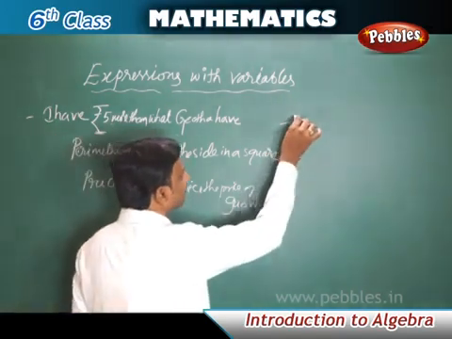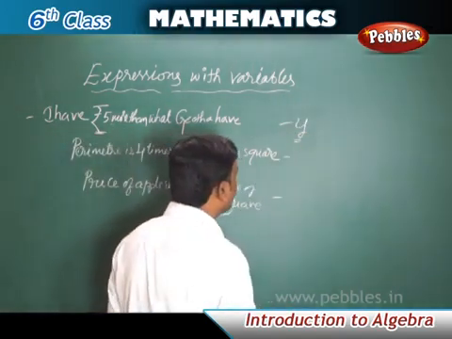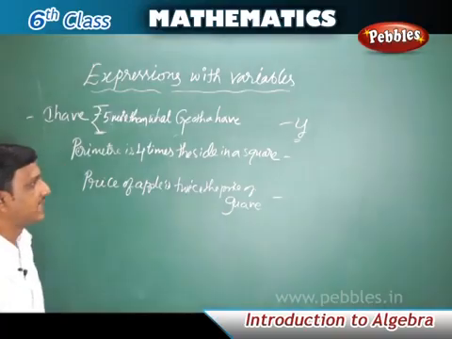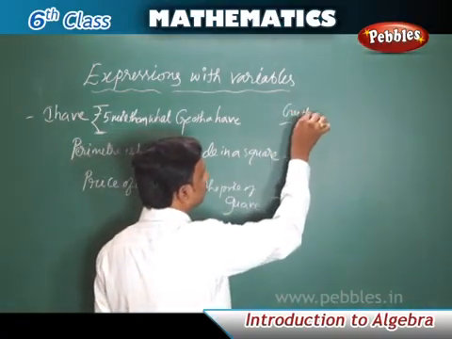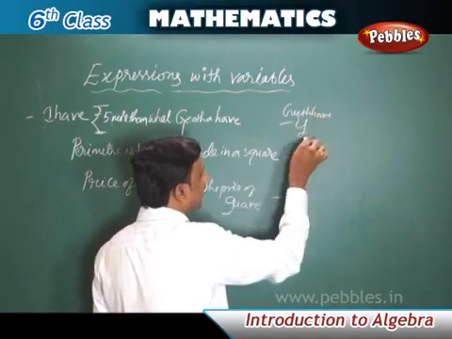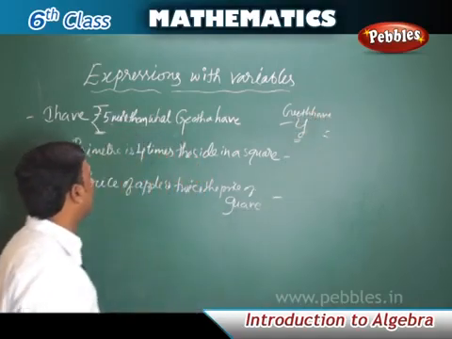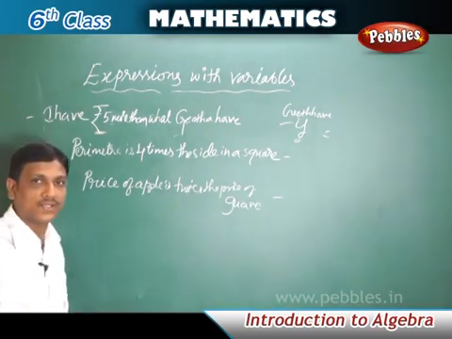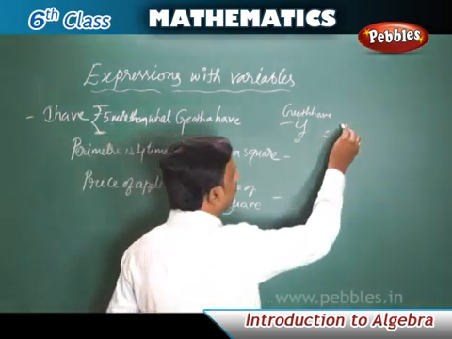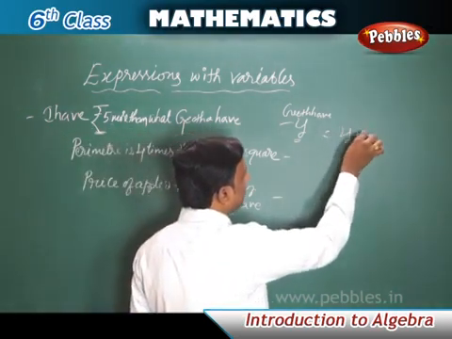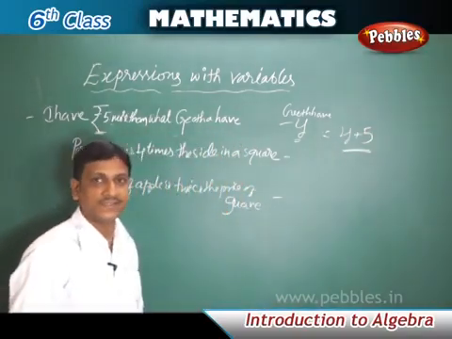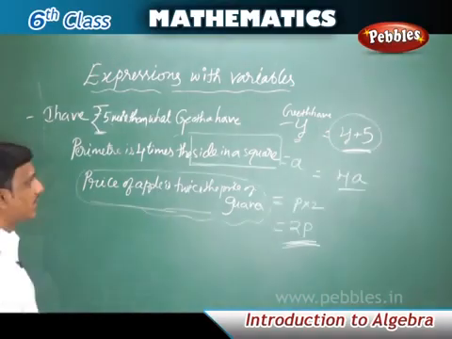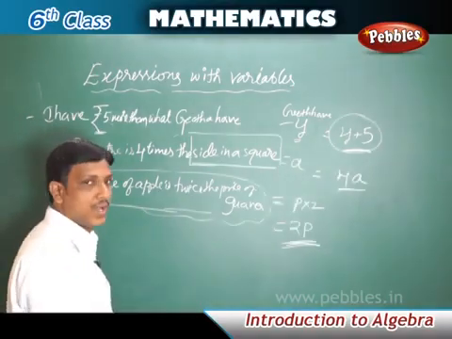So we just give the variable y to what Geeta has. I have 5 more than what Geeta has. So it is y plus 5. This is the thing I have. y plus 5. In this way, we can convert the statements into expressions.